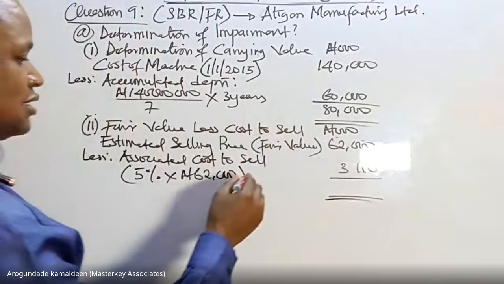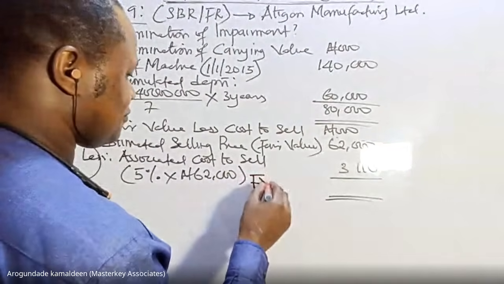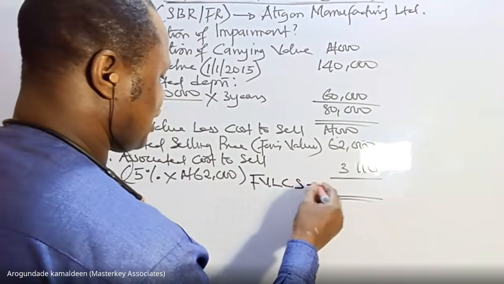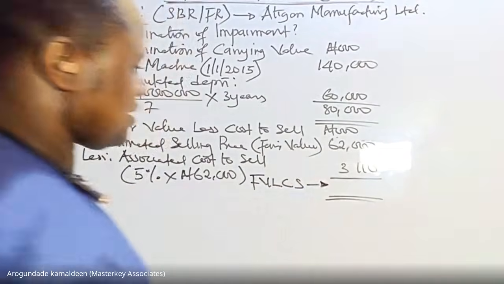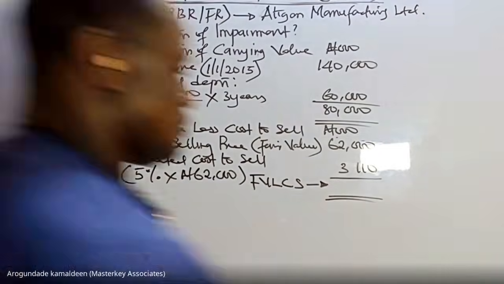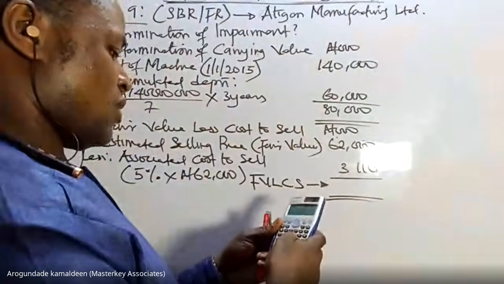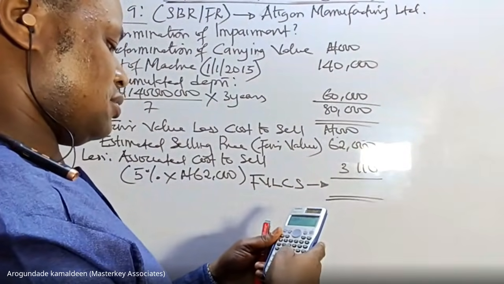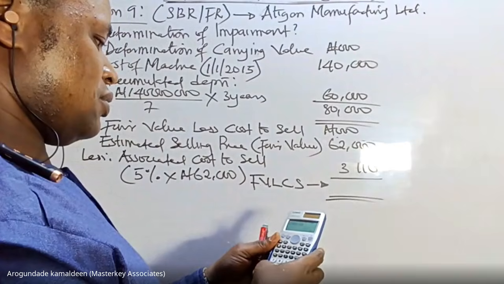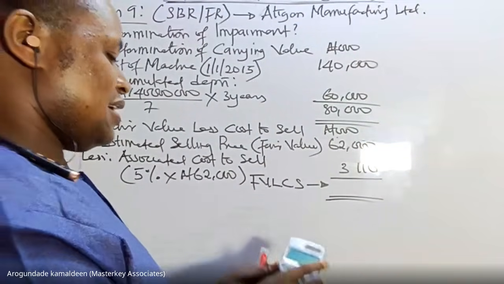So this is what we are going to realize after the sales and take away the expense. So that's what now? 62 million minus 3,110, 58,890.